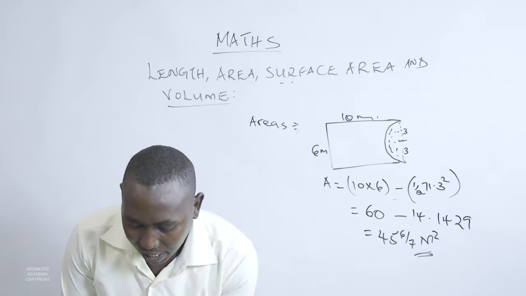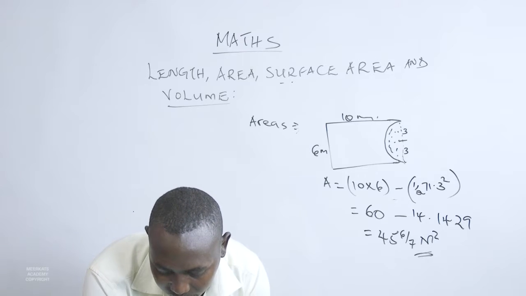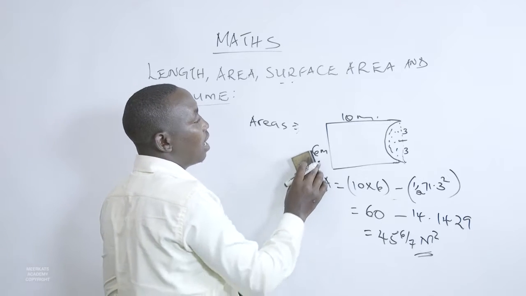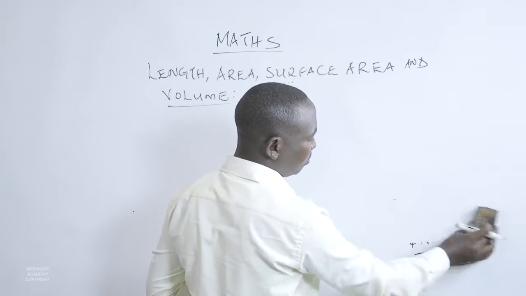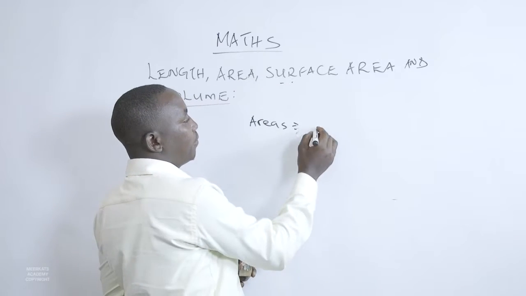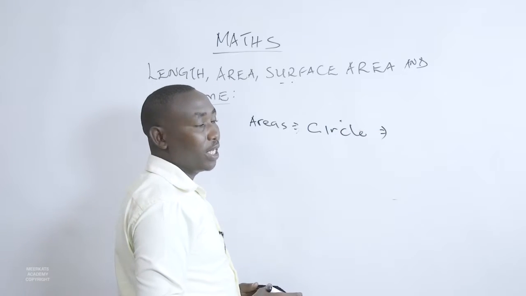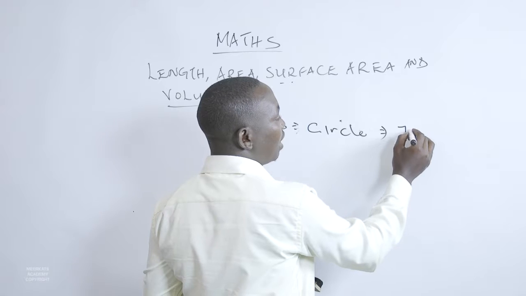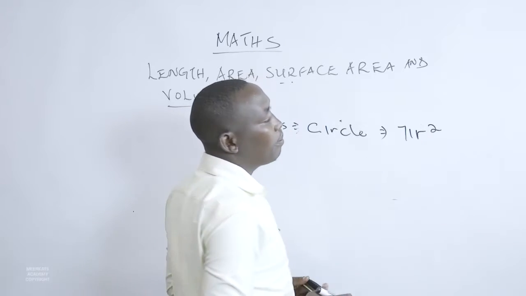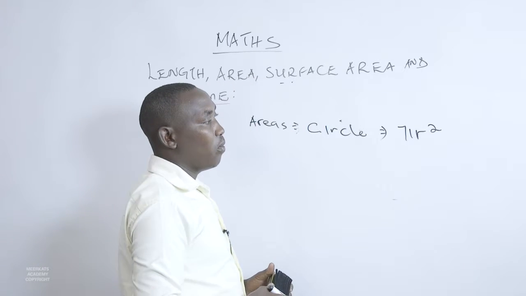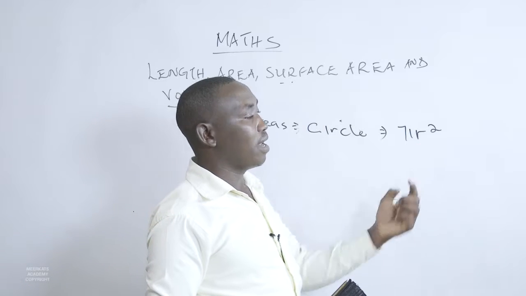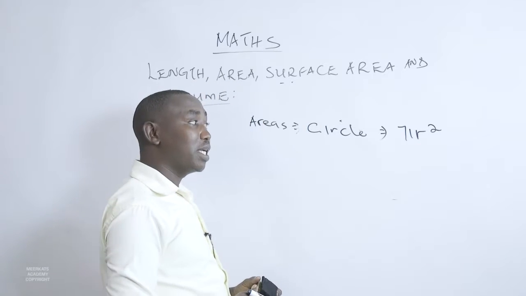Another part of area that we're able to look at is how we can find the area of a circle. In that particular case, we say that the area of a circle is normally given by pi r squared, where pi is a constant and r is the radius of that circle.